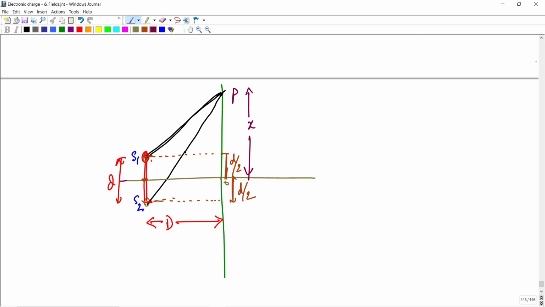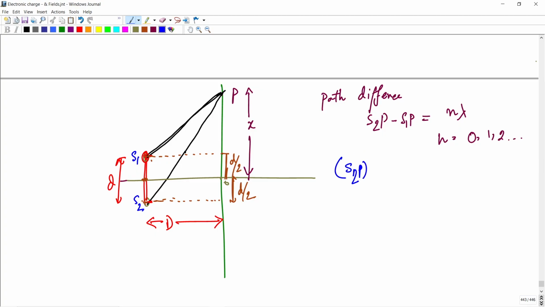So the path difference, S2P minus S1P, is equal to n lambda, where n equals 0, 1, 2, and so on. Now from calculation, let's calculate S2P square minus S1P square.